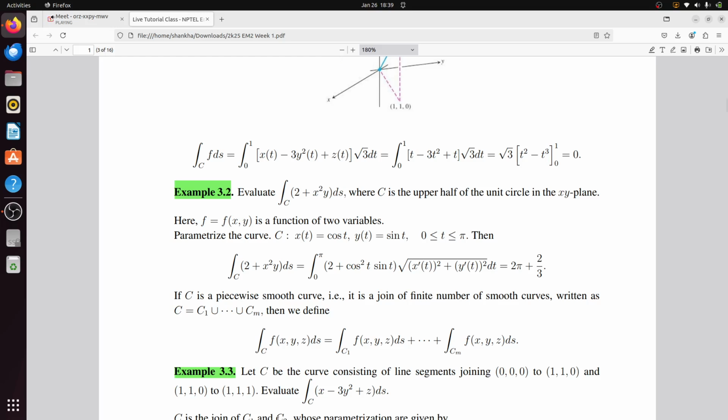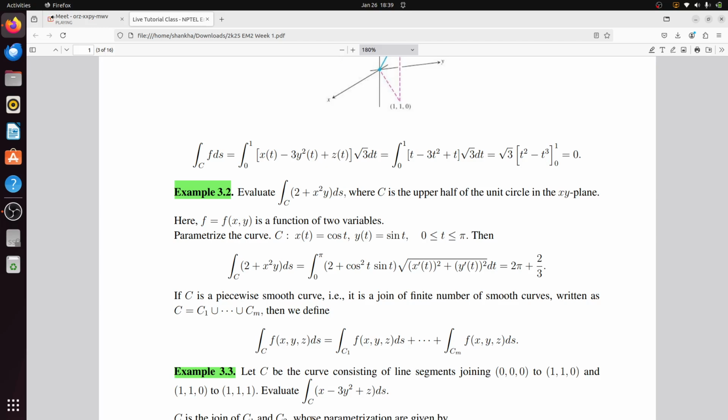So what will be your parameterization? Say I have 2 points, I am speaking in a general way, okay? I have 2 points, x1 y1 z1 and x2 y2 z2. Then what will be the equation of the straight line? (x minus x1) by (x2 minus x1) is equal to (y minus y1) by (y2 minus y1) equal to (z minus z1) by (z2 minus z1).